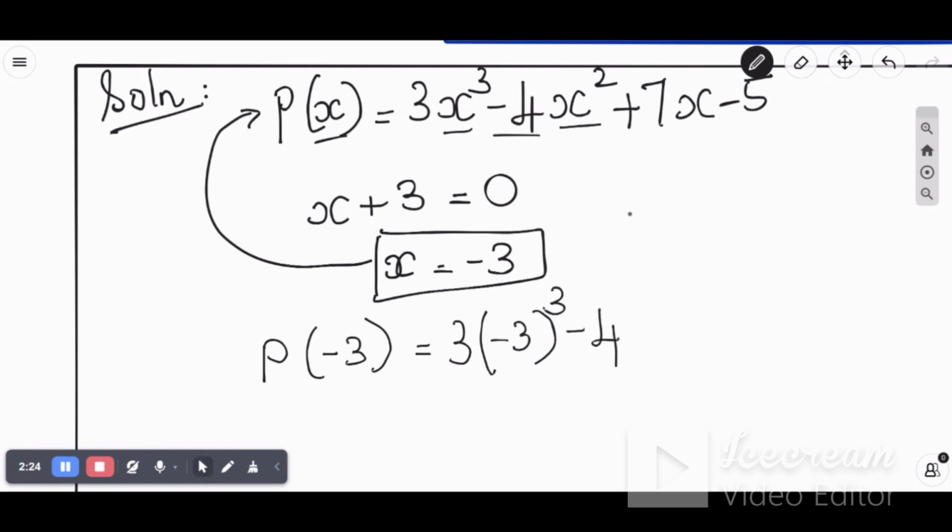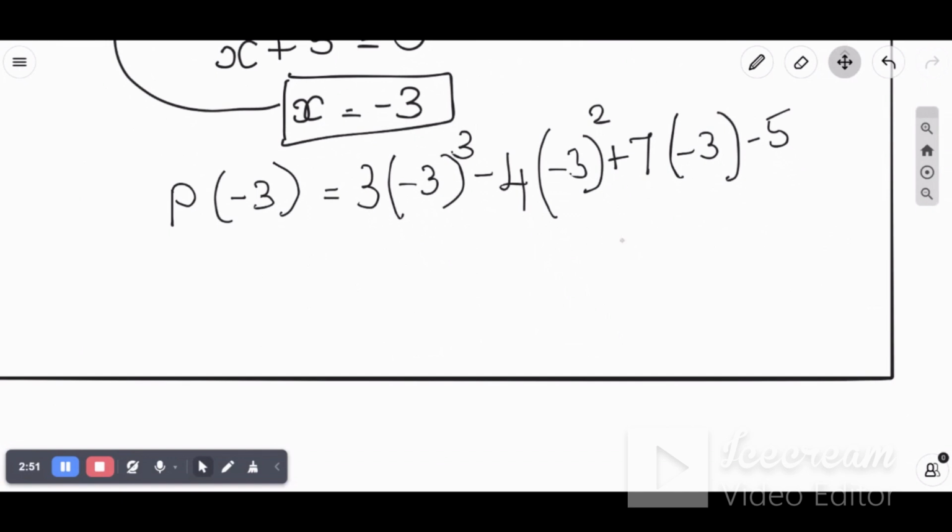And then for x, put minus 3. Write all the constants and coefficients as such, but instead of x, put minus 3. Now let us simplify this carefully.